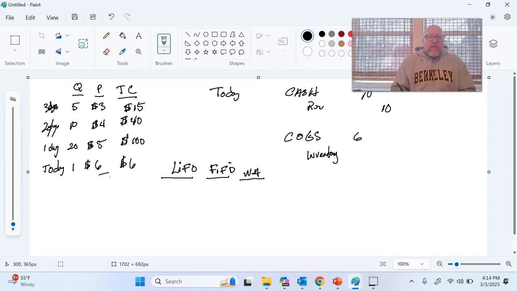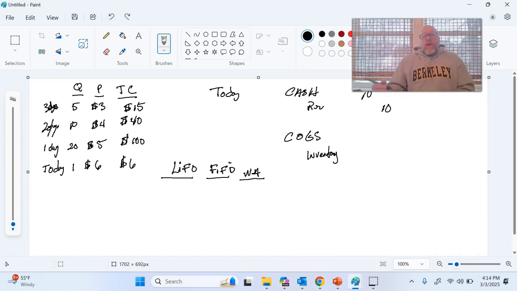It was way down here at the bottom. The last one to come in was the ones that came in today. So I would use $6 if I were using last in, first out. And then if I were to sell another avocado, I would grab it from the bucket one day ago. That's the next oldest avocado.